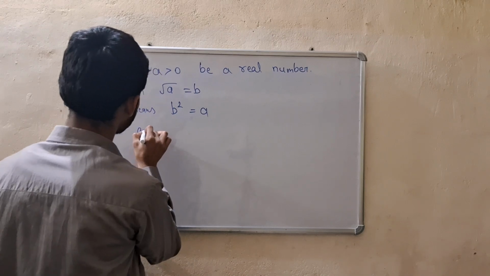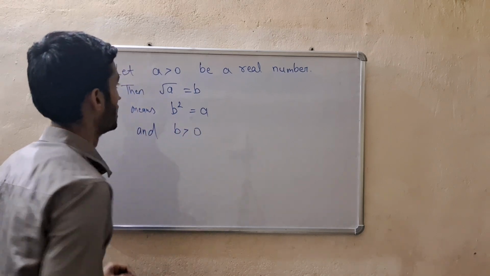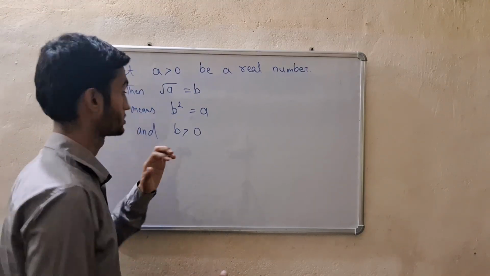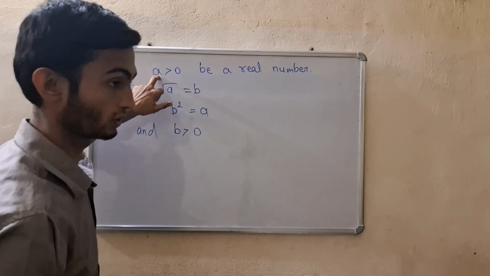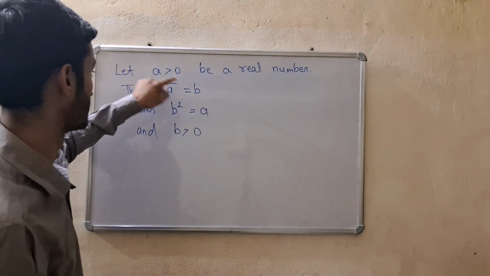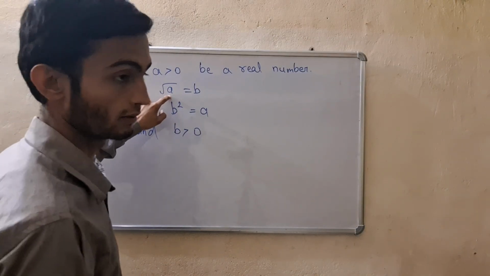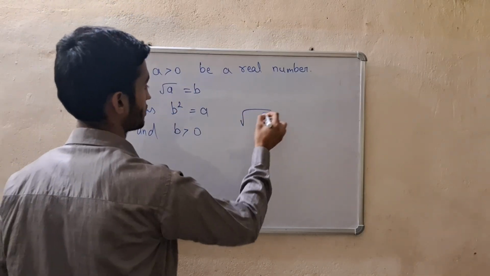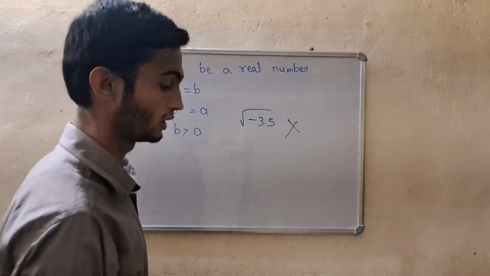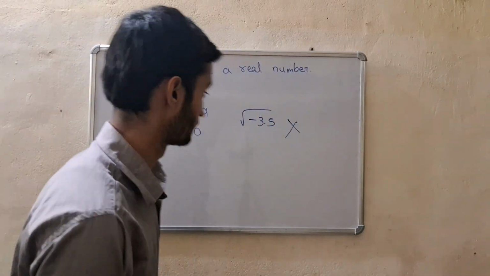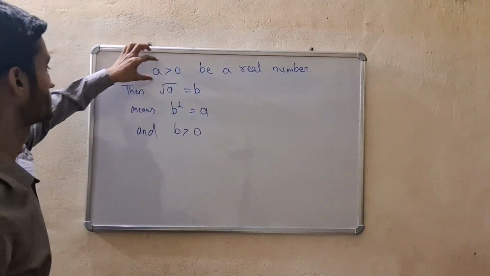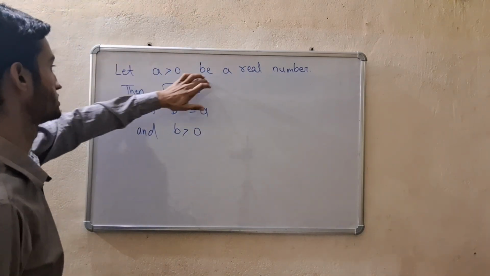So we are taking the square root of a real number a which is positive. Remember that it must be positive inside this radical symbol. You cannot take the square root of, let's say, minus 3.4. That is not defined. We will look into it later. But for now, remember the condition that a is a positive real number.